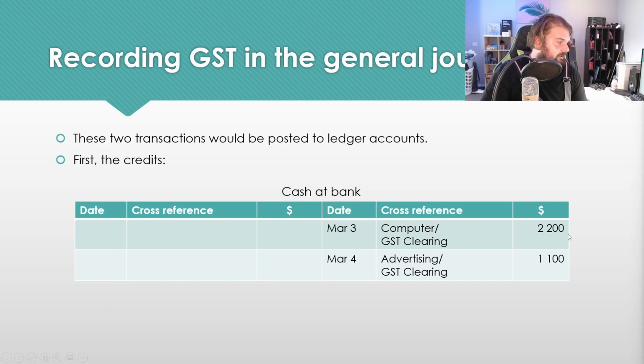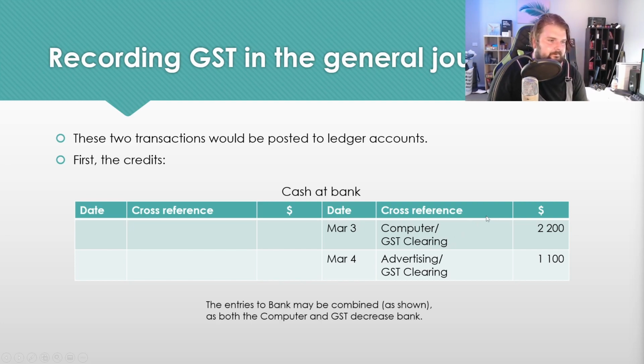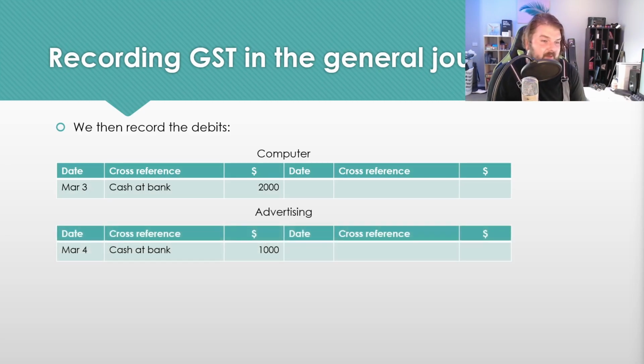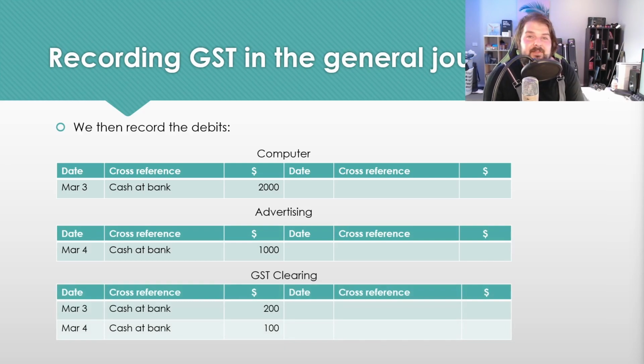So we've got two cross-references. We've got computer and GST clearing, advertising and GST clearing. When we look at the debit accounts, we'd have computer, we'd have advertising, and we'd have these two movements in GST clearing as well. So you can see once again, you put it all together, it's still going to balance.